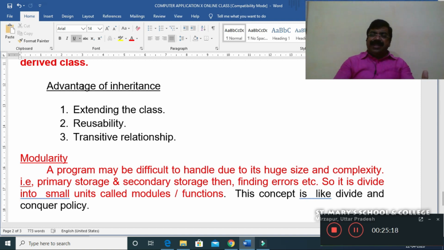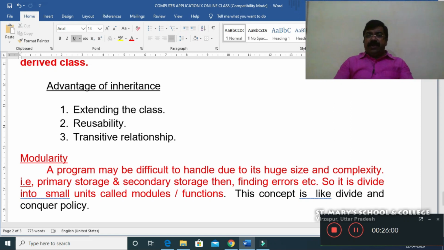What is this transitive relationship? It is not a direct one, it is an indirect one. If the ground floor is saying, we are fed up with your weight, so we are going to stop the support to the second floor, and if the second floor is reacting, don't bother, I am supported by the first floor, you can imagine what will be the condition of the building.